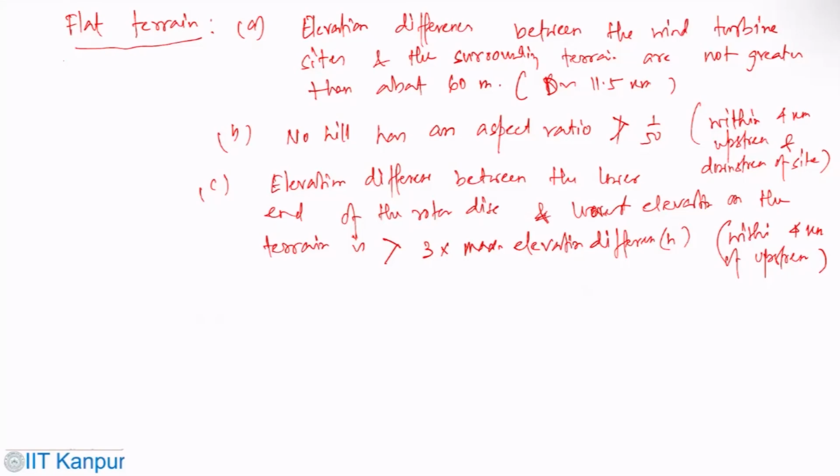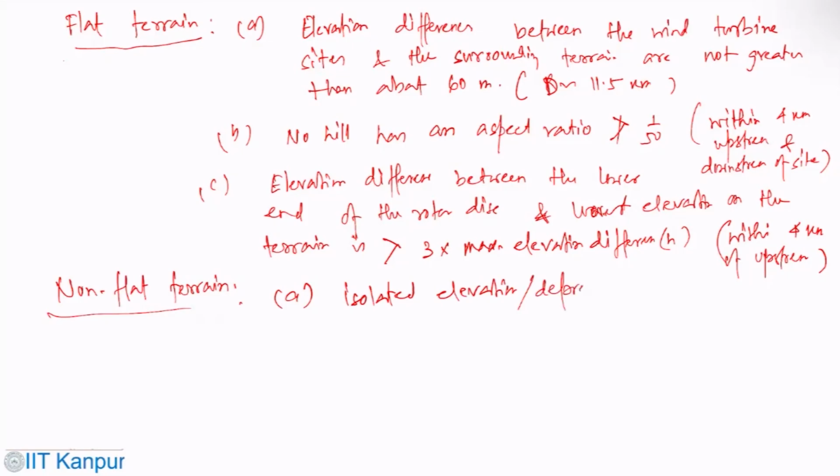So similarly, non-flat or complex terrain can have a variety of features. If you talk about the non-flat one, then you can have isolated elevation or depression, or mountainous terrain.